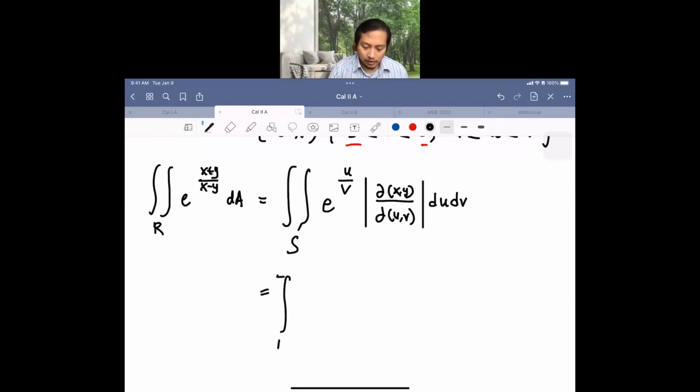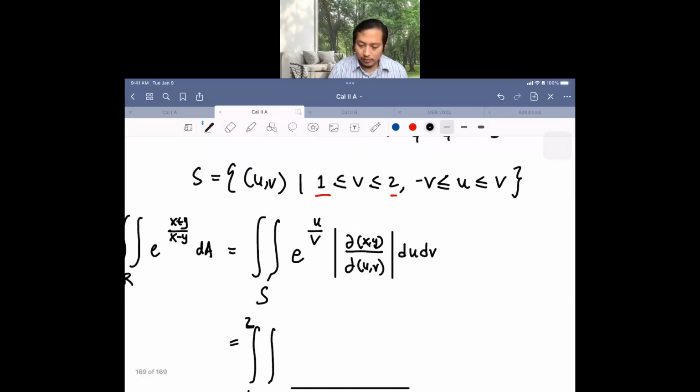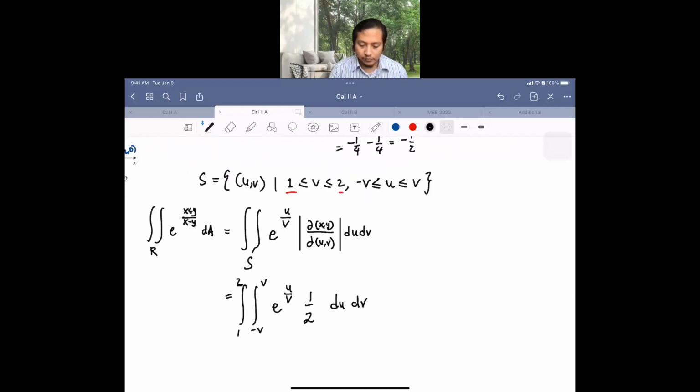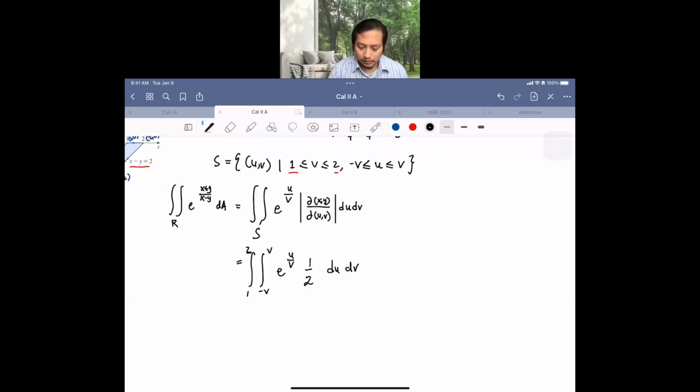So write down the constant, and u is from negative v until v. This is half, and e to the u over v dv. Maybe I will go to the right.